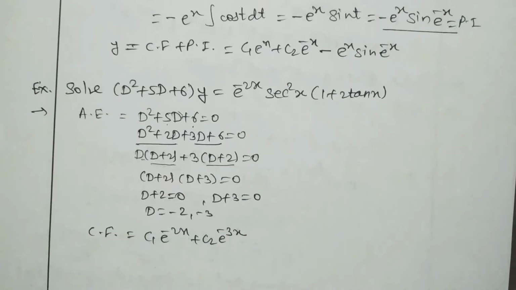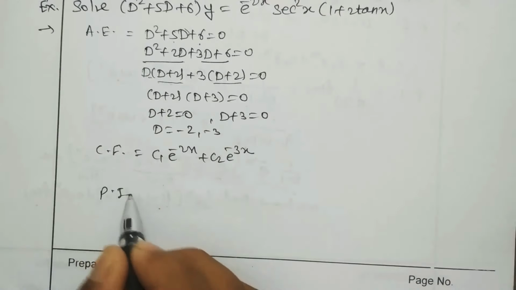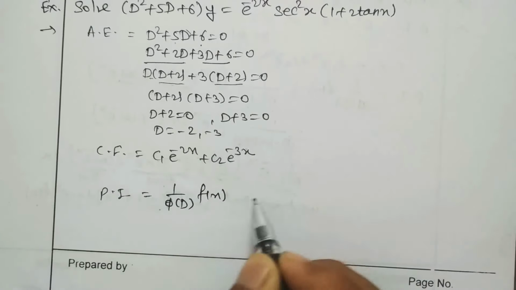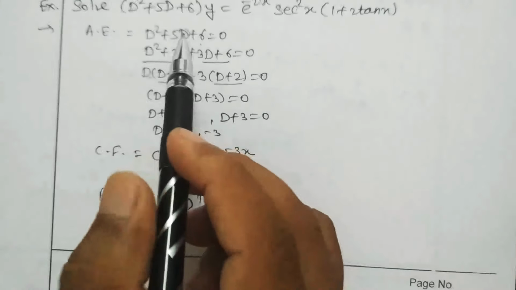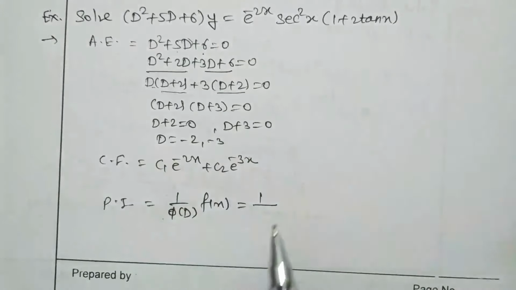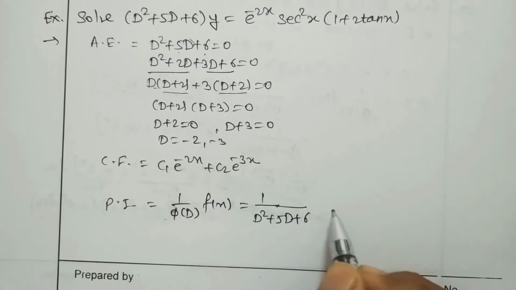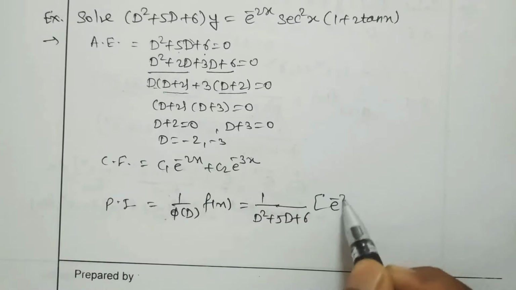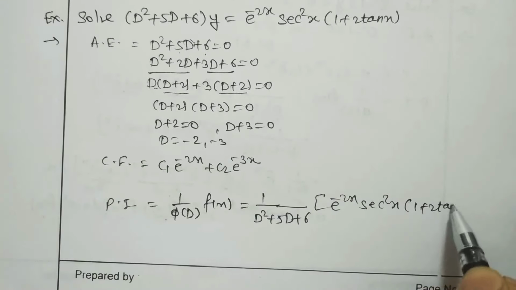Now to calculate the particular integral, the formula is PI = 1/φ(D) f(x). This equals 1 upon the value of φ(D), which is D² + 5D + 6, into f(x). f(x) is e^(-2x) sec²x (1 + 2 tan x).